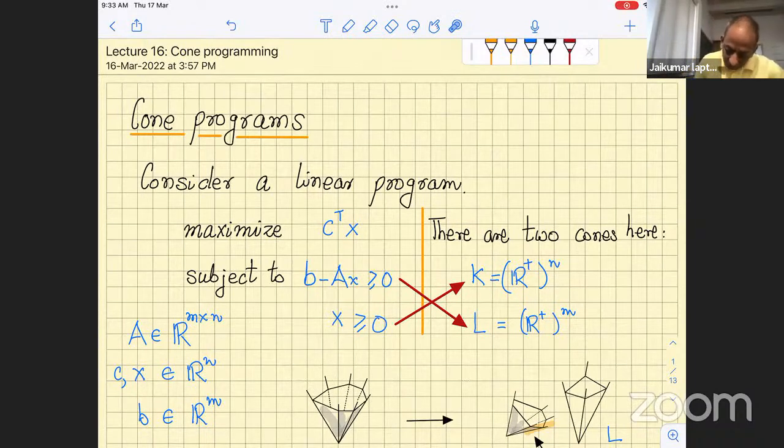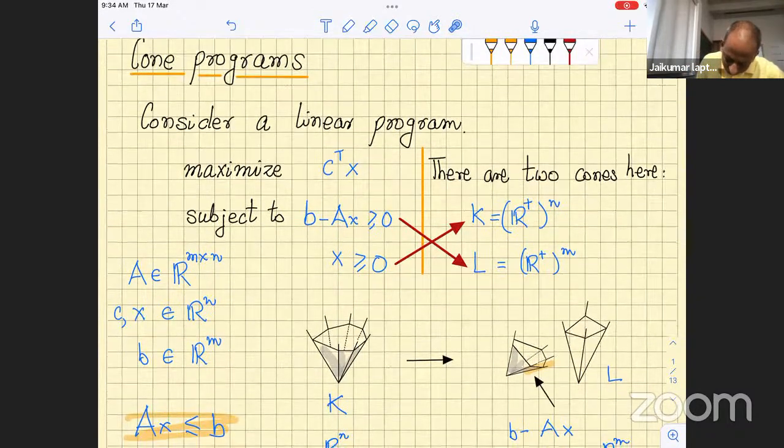I want to tell you about cone programs, and I want to motivate them using linear programs. So here is a linear program. It's all a little congested on this slide. You might recognize this as a linear program, except this is a slightly non-standard way of writing the inequality.